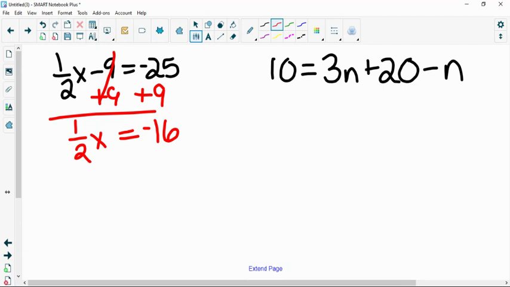And recall, when we have a fraction as our coefficient, the 1/2 times x, you must multiply both sides of the equation with the reciprocal, which is 2/1.